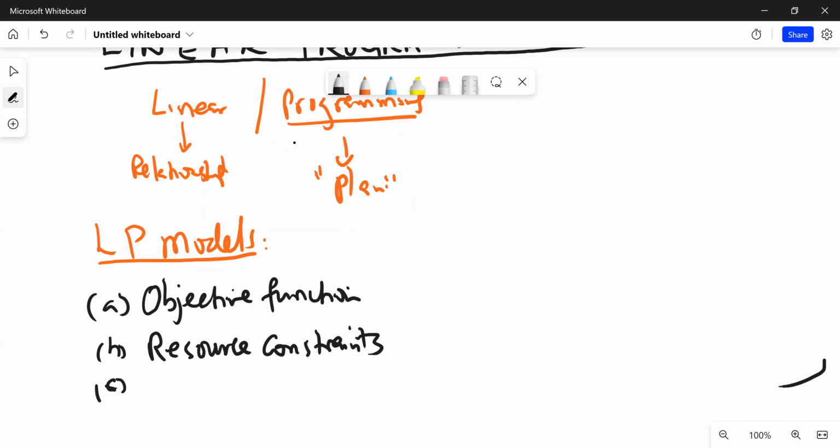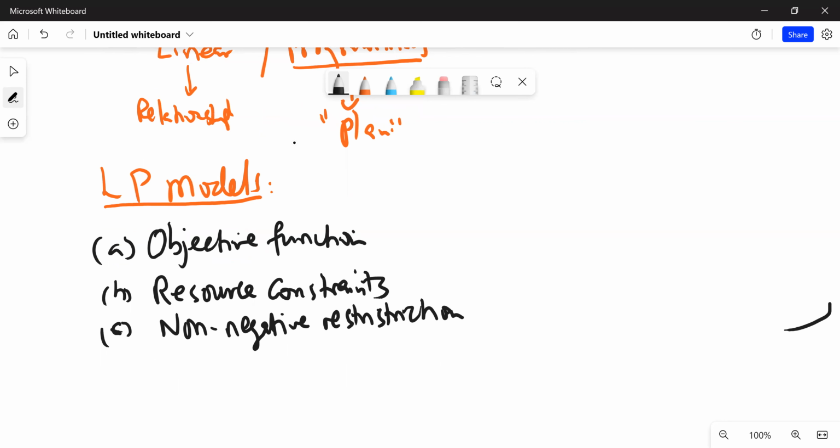And then we also have what we call the non-negative restriction. So an LP model will have those three parts: the objective function, resource constraints and non-negative restriction. So you've seen the format, how mathematically we can express this linear programming model.